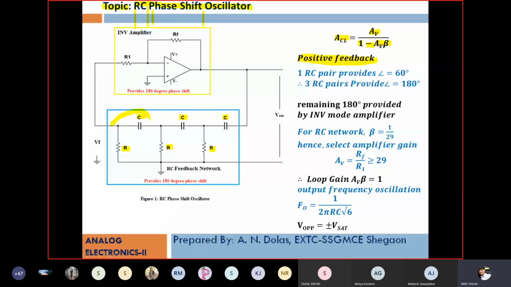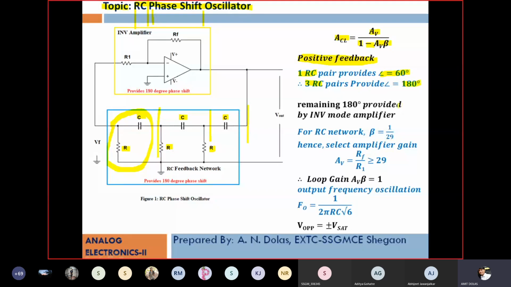If we have only one RC pair, and we give input to this one RC pair and take an output, and check the phase shift relation between input and output, one RC pair will provide you a phase shift of 60 degree. So that's why here 3 RC pairs are used, 1, 2 and 3, and these 3 together will provide you the phase shift of 180 degree.